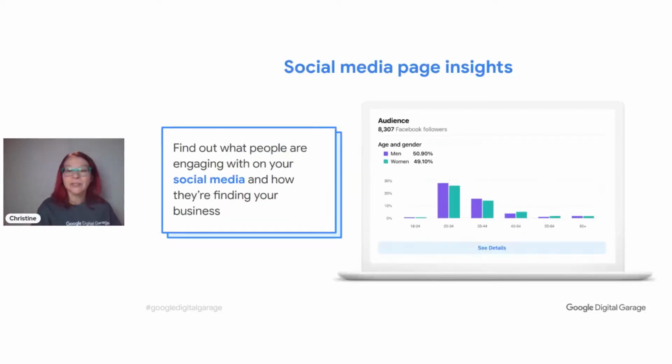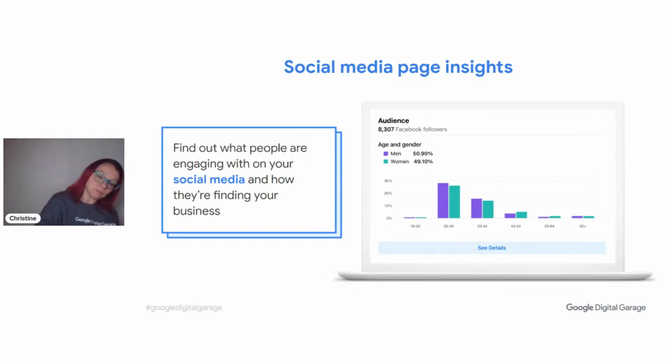Okay, let's take a look at social media before we get too deep into individual data. So, social media platforms. What is the point of a social media platform? From the social media platform's point of view, it wants to get people to spend time on it.